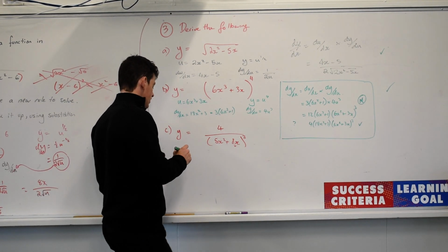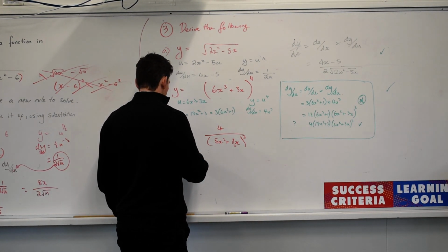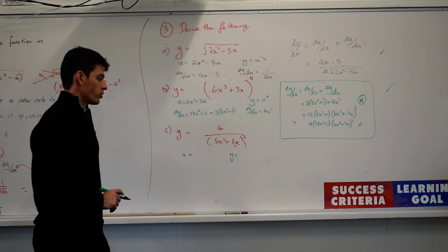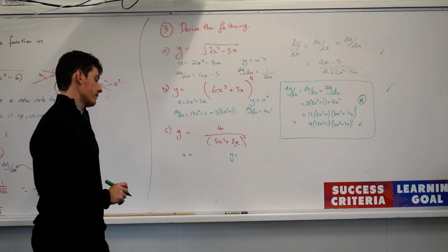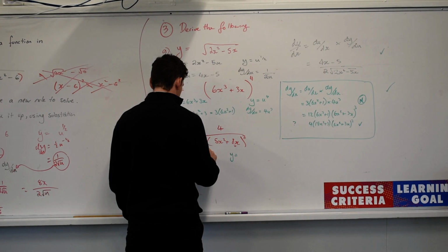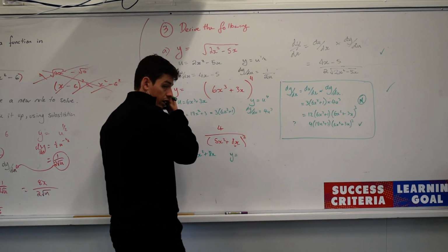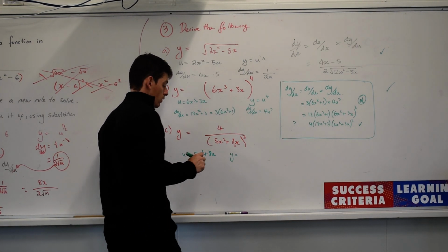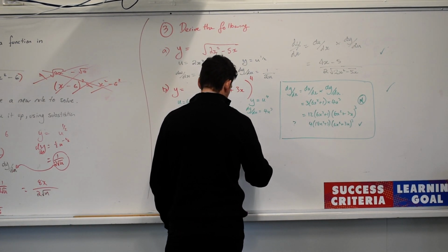So I've intentionally set that up. So I want you to write u and y equals first of all. Start with that. So what does u equal, Jake? 5x squared plus 8x. Very good. And what does y equal, thanks, Kim? 4 over u to power 3.